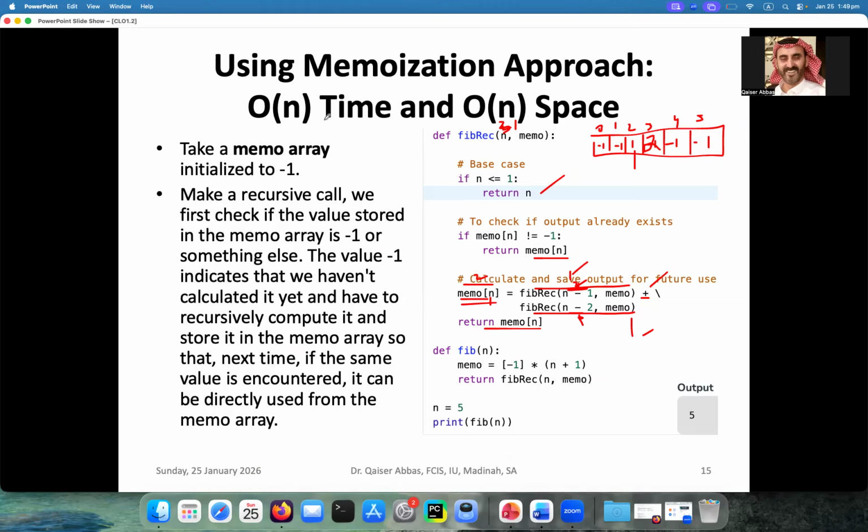So that is how the time complexity is reduced, because you are using the solution from this memo. You are not using recursive call. If you use recursive call, then the complexity is not reduced. But now it is reduced.